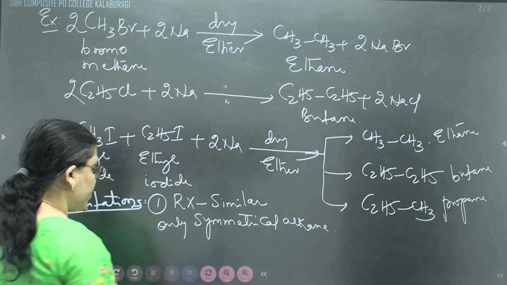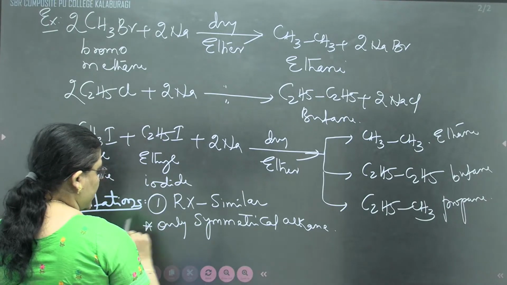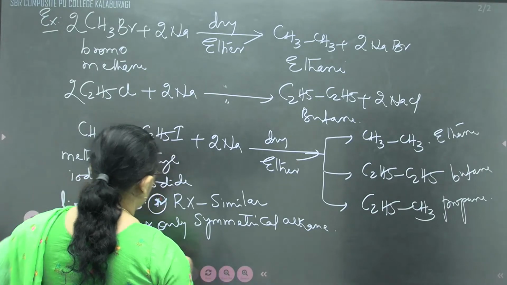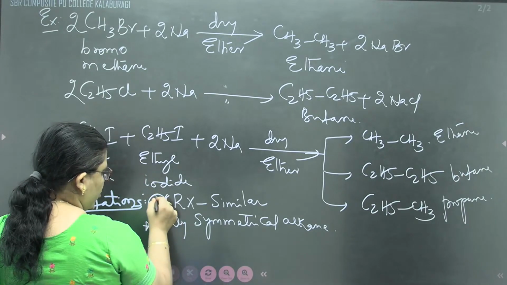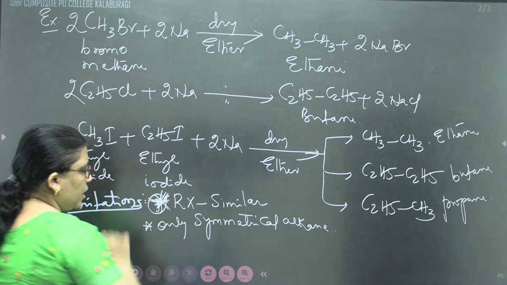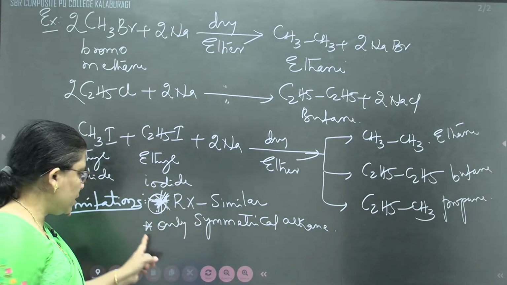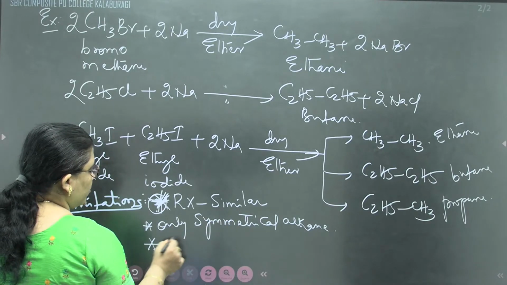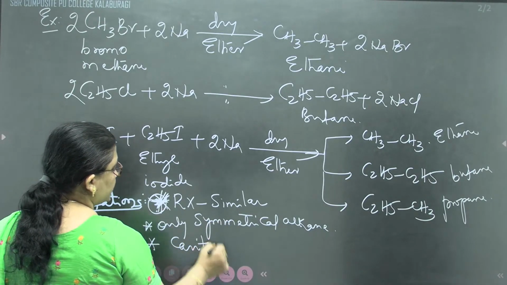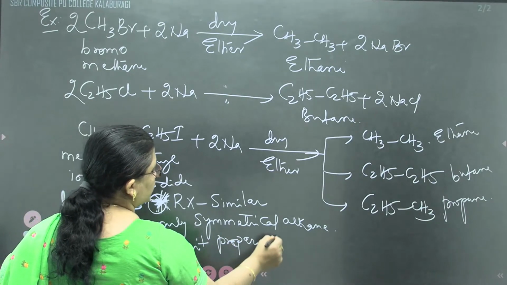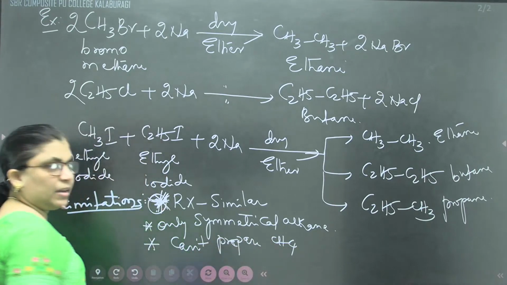And one more important point we will write, and we'll make a star mark instead of writing the point: here RX must be similar. Only symmetrical alkane can be prepared. By this method, we can't prepare methane.